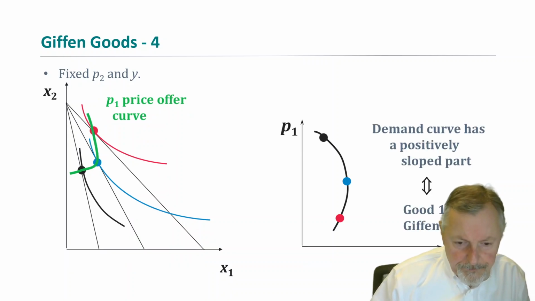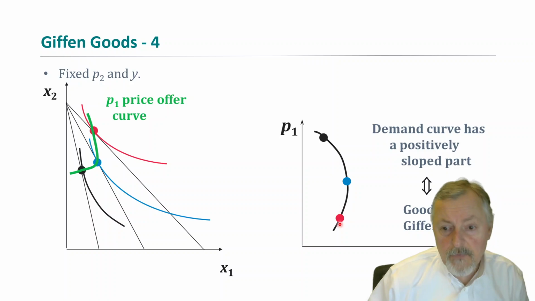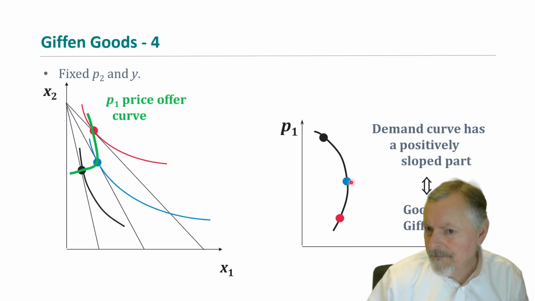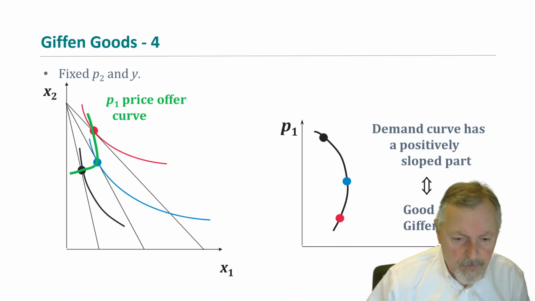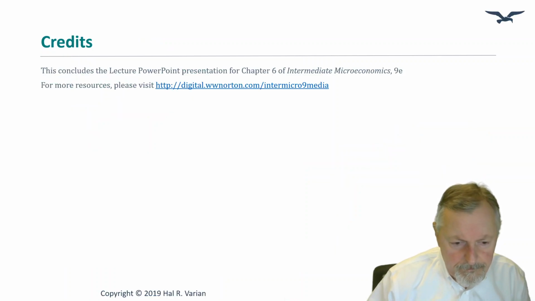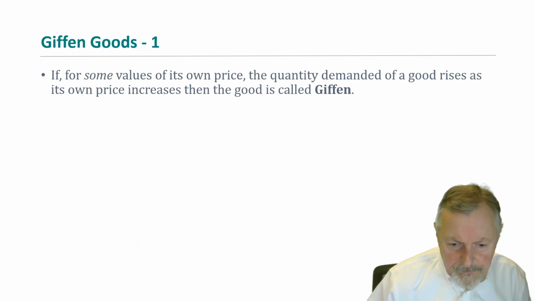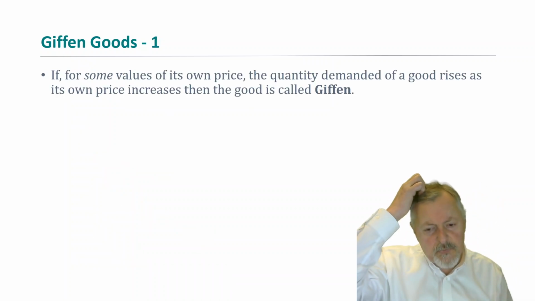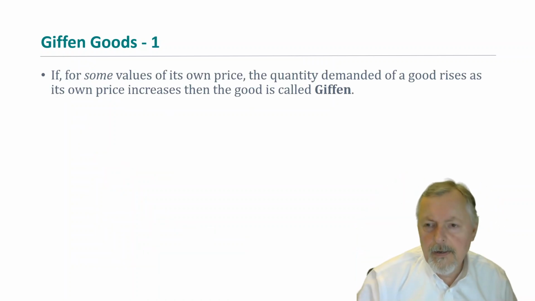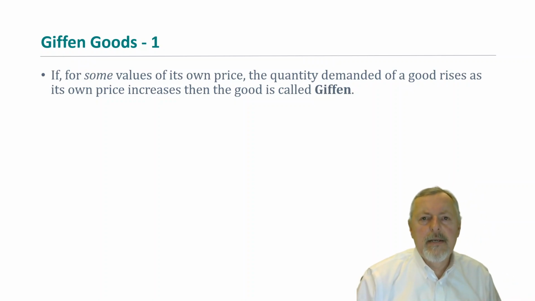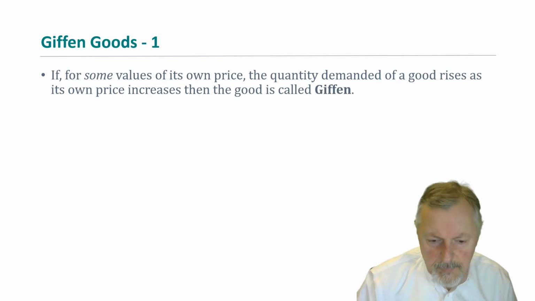This is what the demand curve would look like. As the price of thing 1 goes up, you actually start to buy a little more of it. Giffen goods are named after Sir Robert Giffen, a late 19th century economist.